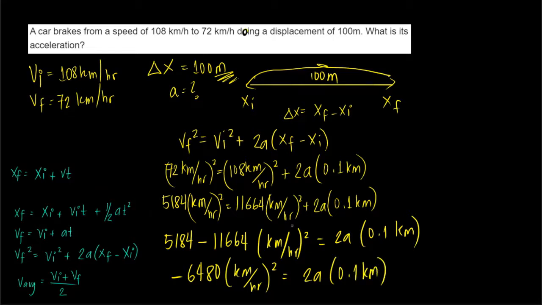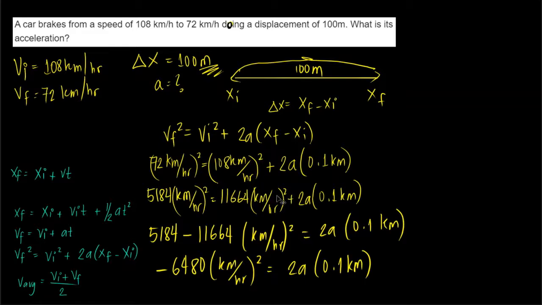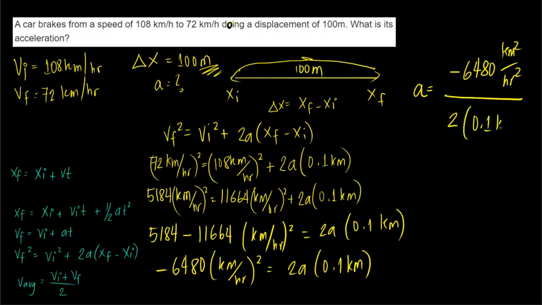Now, we transpose the 2 and 0.1 to the other side. So, a remains on one side, and then you have negative 6480 kilometers per hour squared over 2 times 0.1 kilometers.